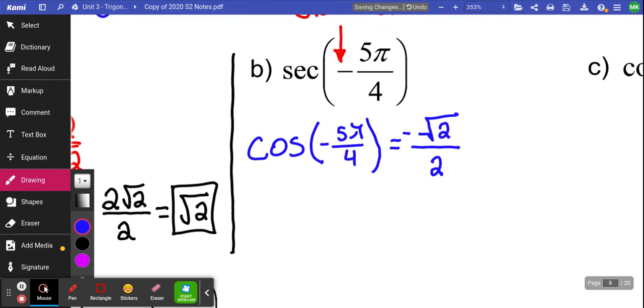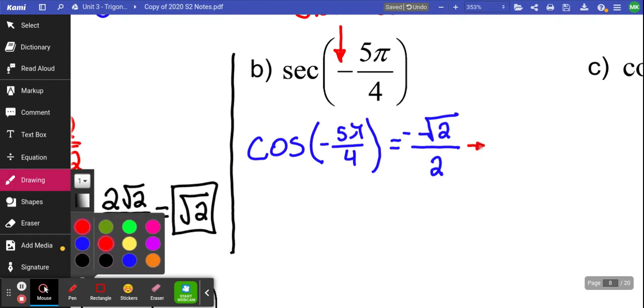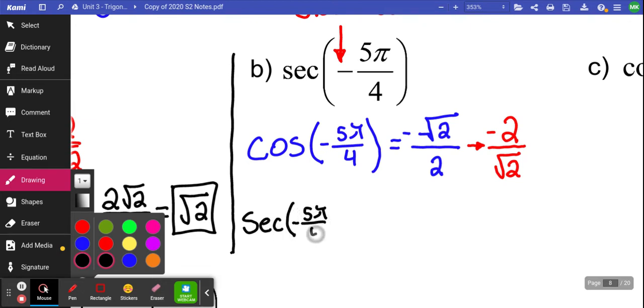If you want that to become secant, then you will switch it to be negative 2 over root 2. You can just leave the negative on the top. All right, negatives float to the top. That means my answer is secant negative 5 pi over 4 equals negative 2 over root 2.